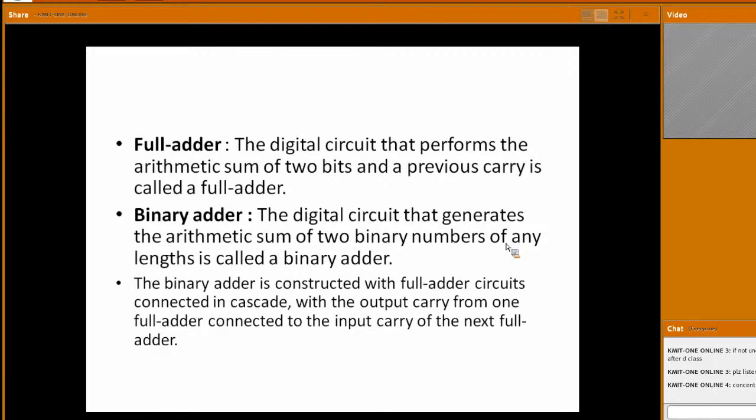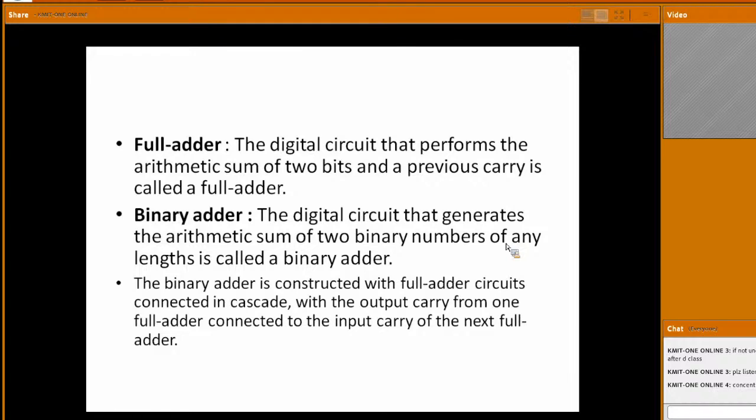of any length. If you are adding two binary numbers of length 5 by 5, Register 1 has 5 bits and Register 2 also has 5 bits. Then your full adder will perform the addition operation on only 2 bits at a time.